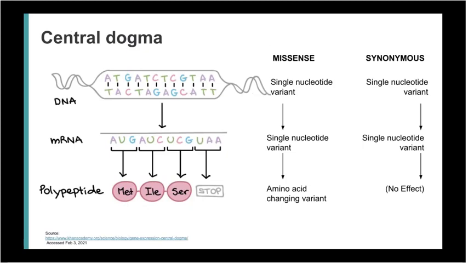This also reminds us to really check our assumptions about how strong of a correlation there is between variant type and disease mechanism. We tend to assume that missense variants cause disease by changing an amino acid, leading to protein dysfunction in some way. Similarly, we tend to assume that synonymous variants don't cause disease because the amino acid doesn't change.